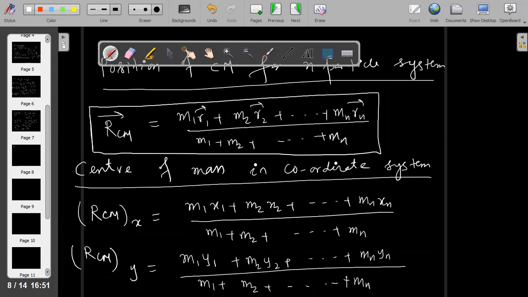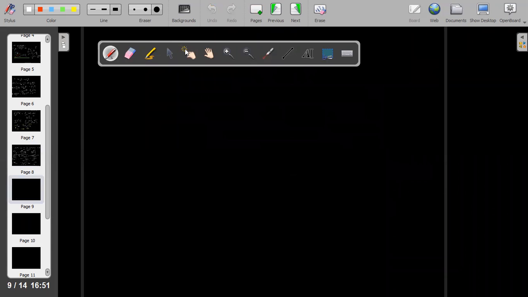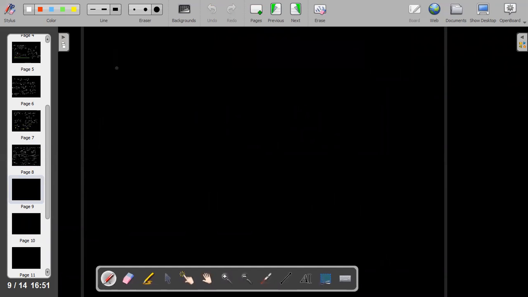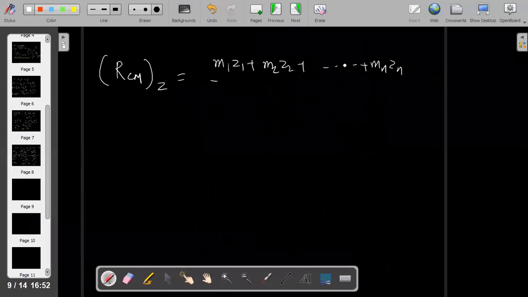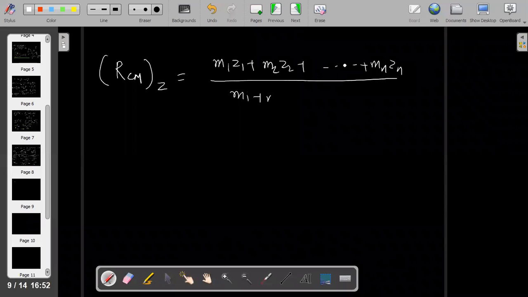And the z coordinate you can also calculate. Similarly, the position of center of mass along the z axis is m1 z1 plus m2 z2 and so on up to mn zn, divided by m1 plus m2 and so on up to mn.